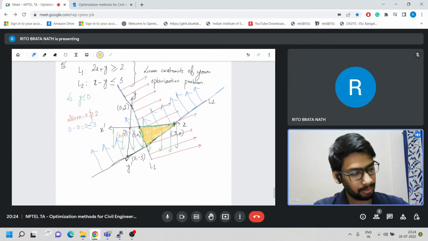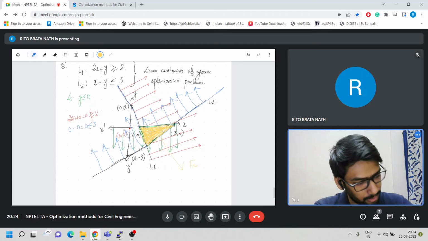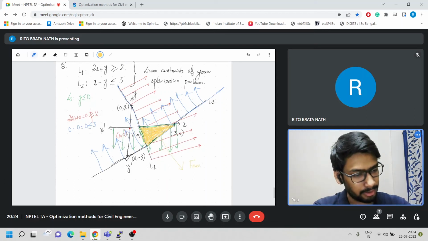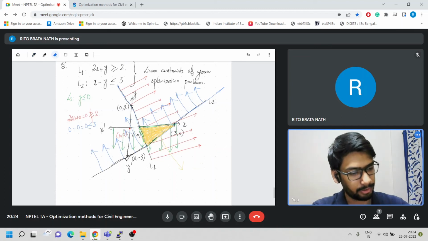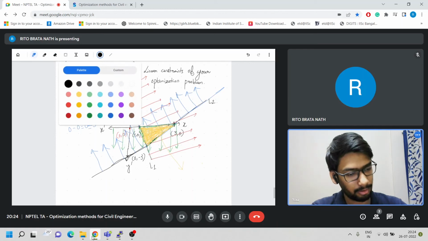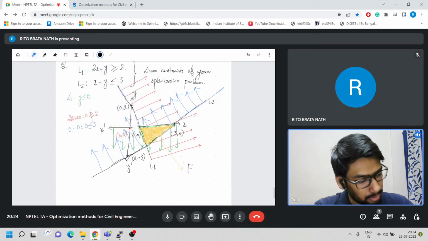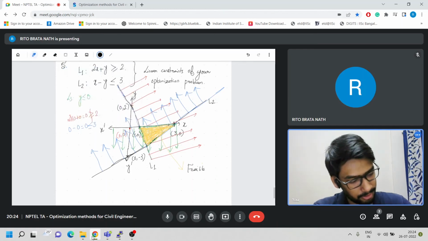So this will be your feasible region. So let me write it, probably it's hard to see, so I'll write it in a different color. So this is your feasible region, this yellow portion.